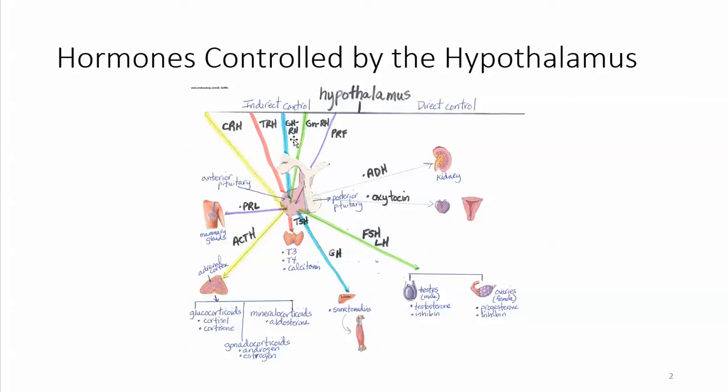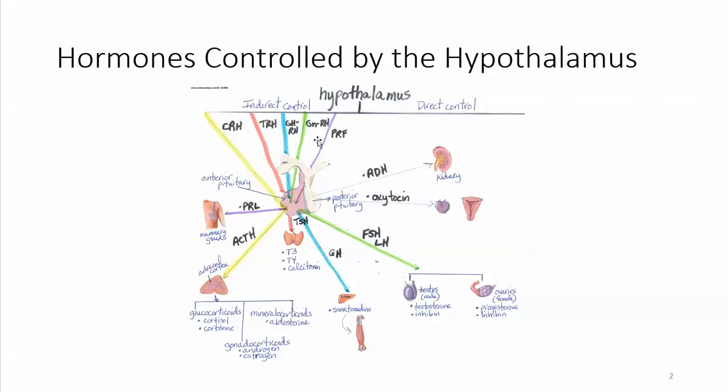The growth hormone releasing hormone is released from the hypothalamus, and then the anterior pituitary releases growth hormone, okay, and it acts on the liver to produce somatomedins, and this works on bone, muscle, and other tissues.